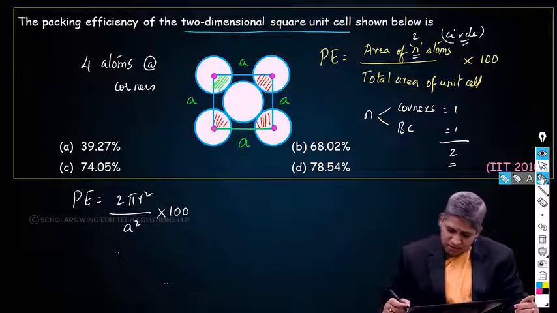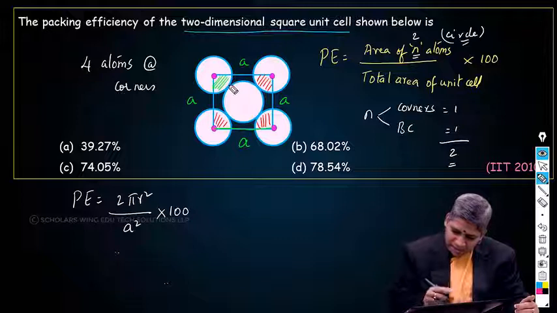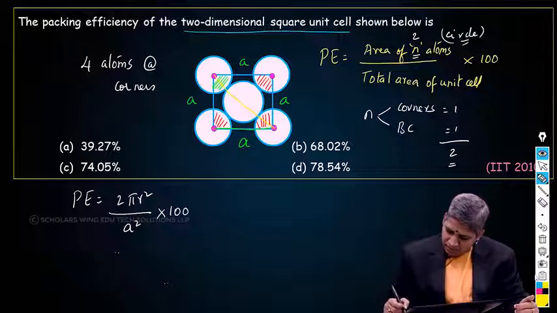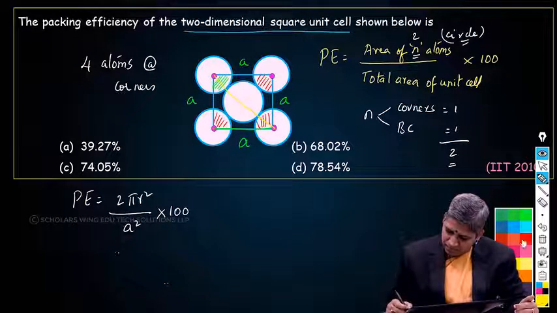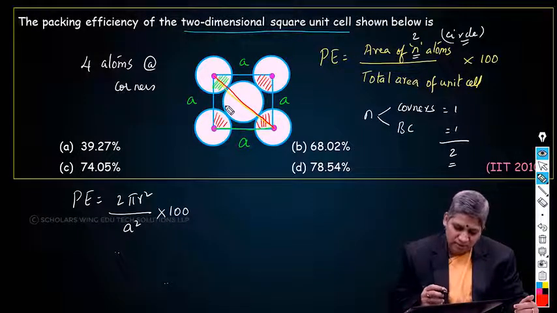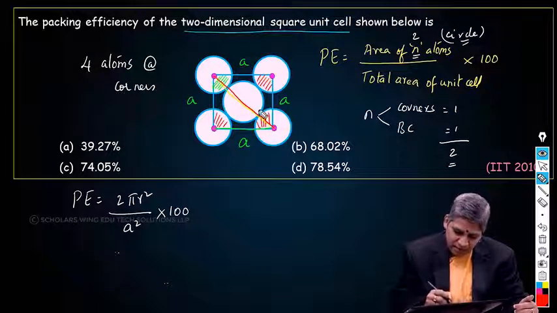So shall we join this point and this point now? When we join these 2 points, you get two right angle triangles. So applying Pythagoras theorem, we can find a, because the diagonal is 4r.